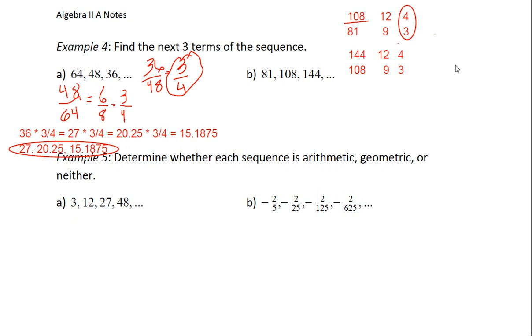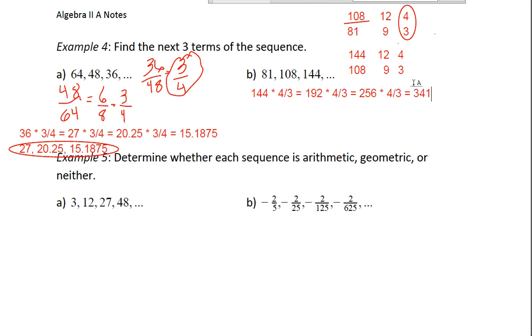Alright. So we're going to take the sequence and we're going to multiply. My last term was 144. And I have to multiply that by 4/3. That is 192. And I need 3 terms, so I have 1, I need 2 more. Multiply by 4/3. That is 256. Multiply by 4/3.